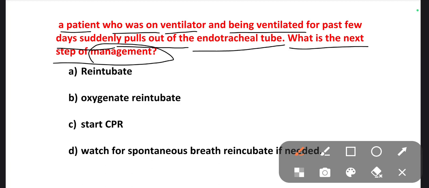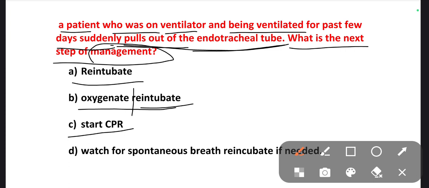When the patient pulls out the endotracheal tube, what do we have to do next as a medical professional? Options are, re-intubate the patient, otherwise oxygenate and re-intubate, start CPR, otherwise watch for the spontaneous breath and re-intubate if needed.